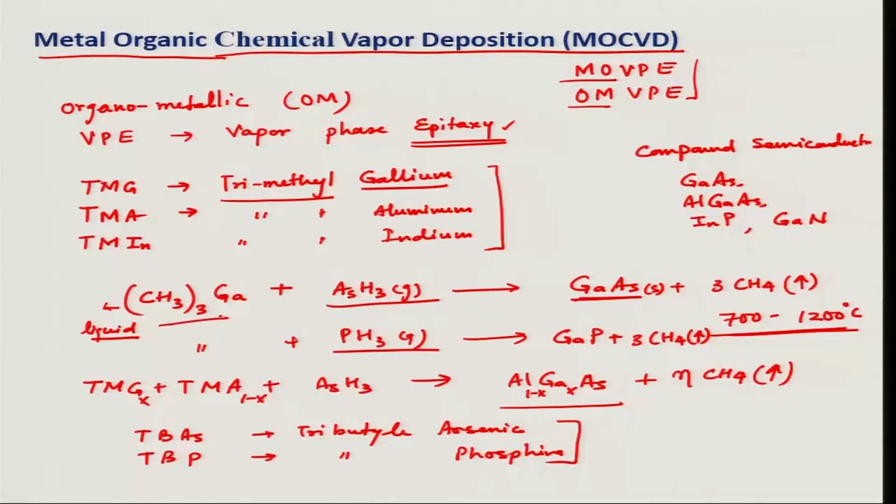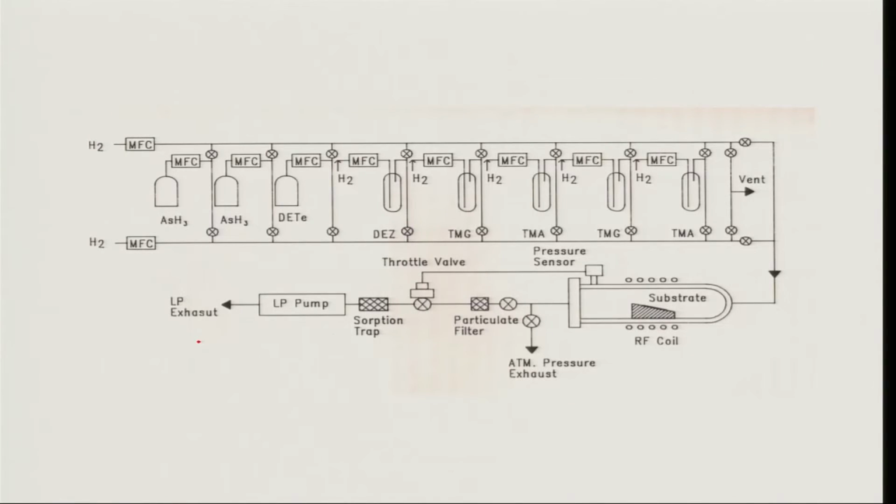Now, since we also said that these metal organic compounds usually come in liquid form, you need to get them into gaseous form to the reactor, right. So, what is done, if you look at this picture, this is a schematic of an MOCVD reactor.